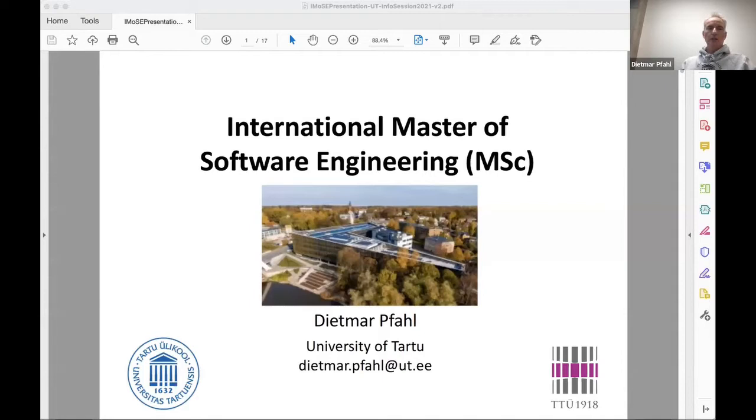And our industry partners, they expect that our program is providing to the industry full stack developers who have in-depth knowledge about all phases of software development. So that's what I'm showing you in this blue box.